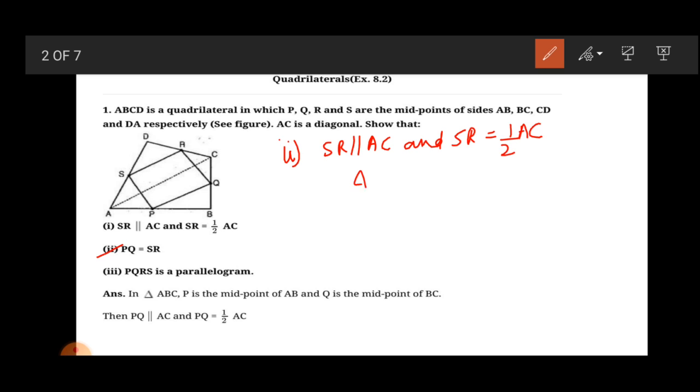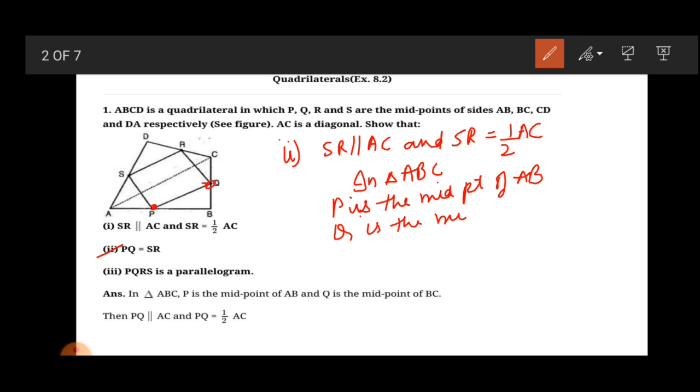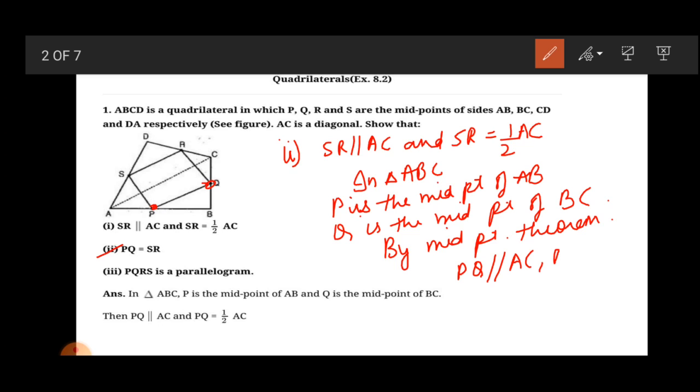Now, in triangle ABC, P is the midpoint of AB and Q is the midpoint of BC. Now by the midpoint theorem, PQ is parallel to AC and PQ is equal to half of AC.